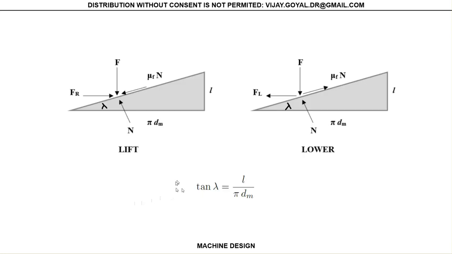This is what it looks like. If you want to calculate what your lambda looks like here, that's given by this equation. You can have your lead. Remember your lead, this is n times p, where n tells you if it's double start, triple start, or single start. We did it at the beginning of this lecture. And this is your mean diameter.